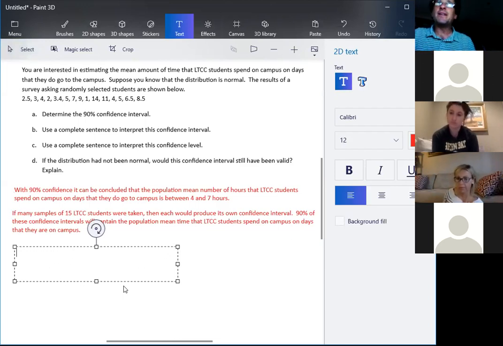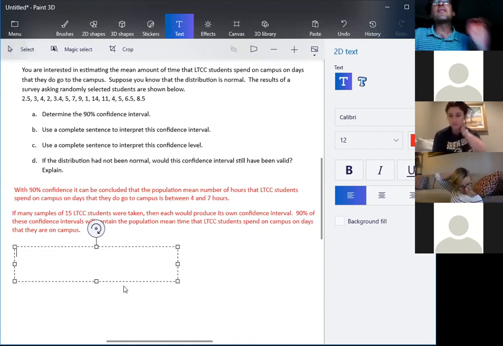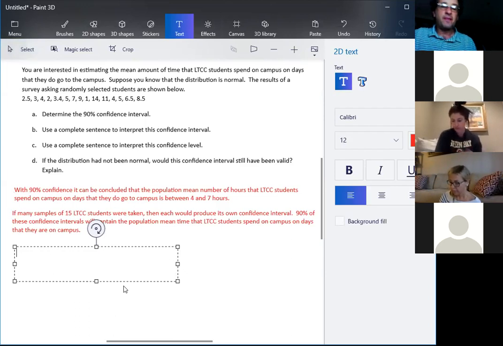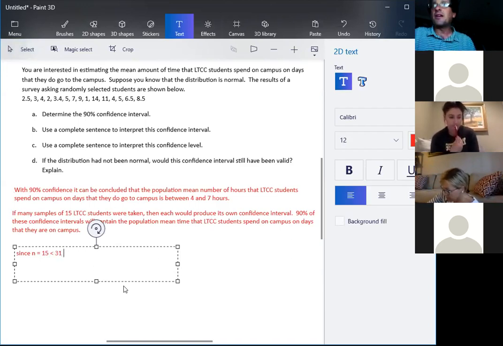Do you remember that? Always look to see is it quantitative or yes/no. Yes/no, you got to have NP and NQ greater than 5. And with a quantitative, you have to have n greater than 30. So since n equals 15, which is certainly less than 31, you could also write less than or equal to 30.